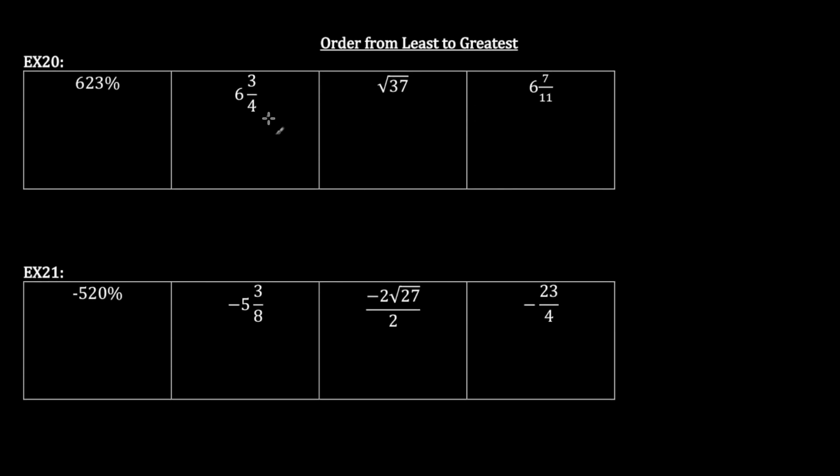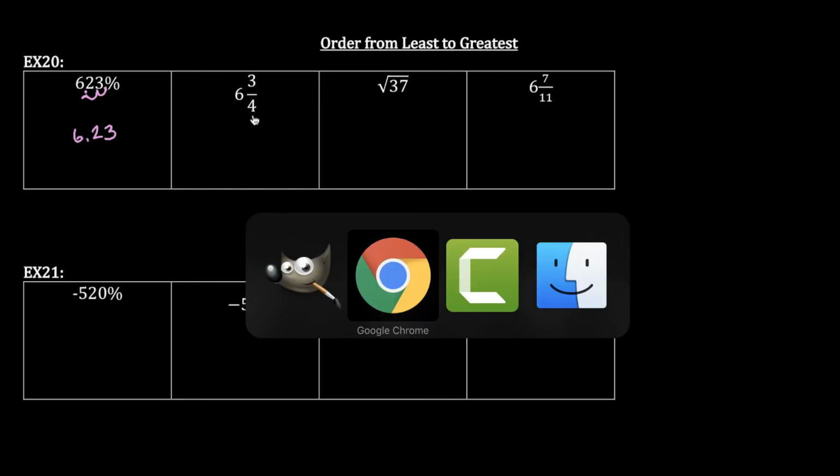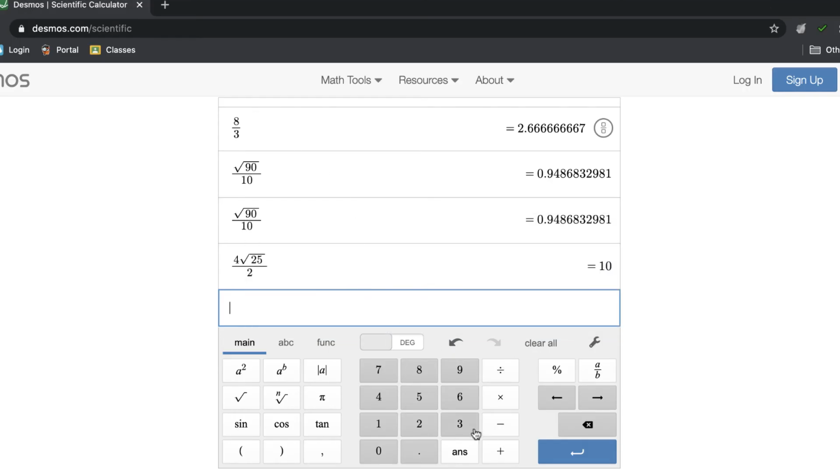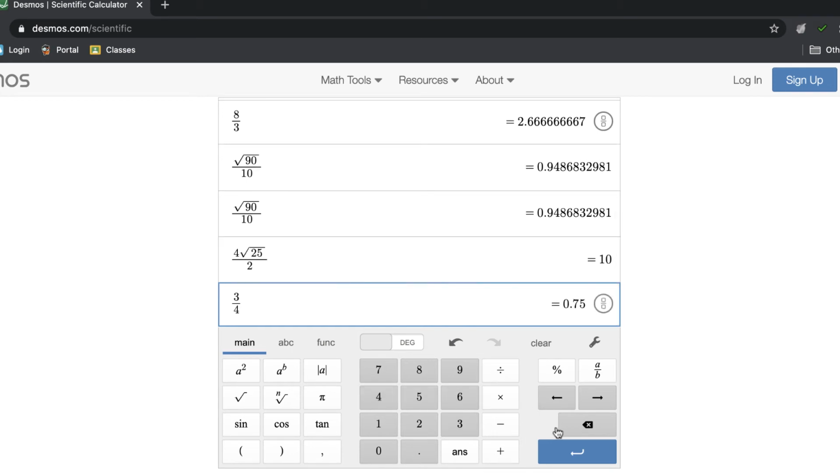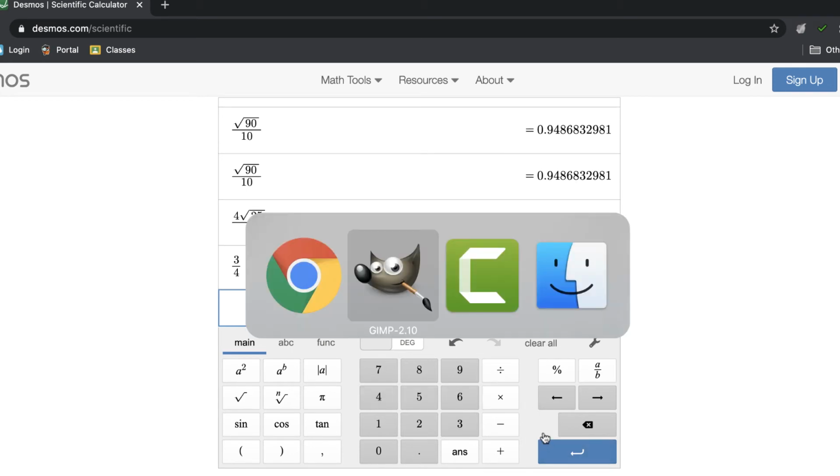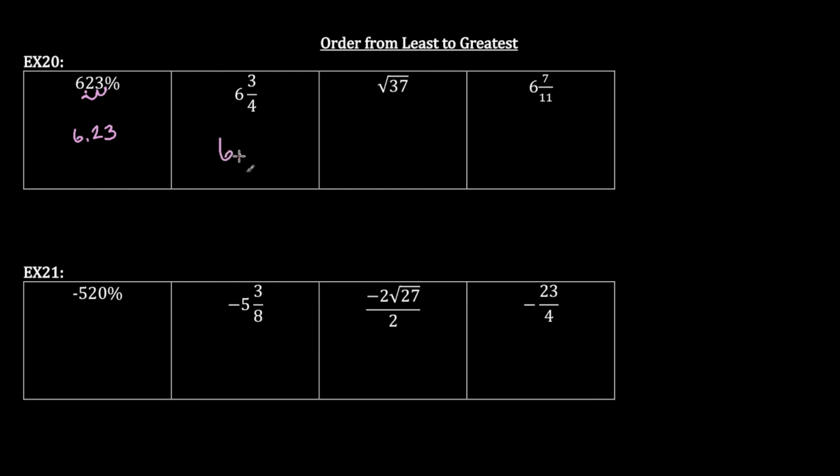All right, so let's order these from least to greatest. Ooh, there's a lot of things going on here. Okay, so decimal, like we did last lesson, 1, 2 to the left, 6.23. 3/4. Let's pretend I don't know what 3/4 is. 3 over 4 is 0.75. So 6.75.